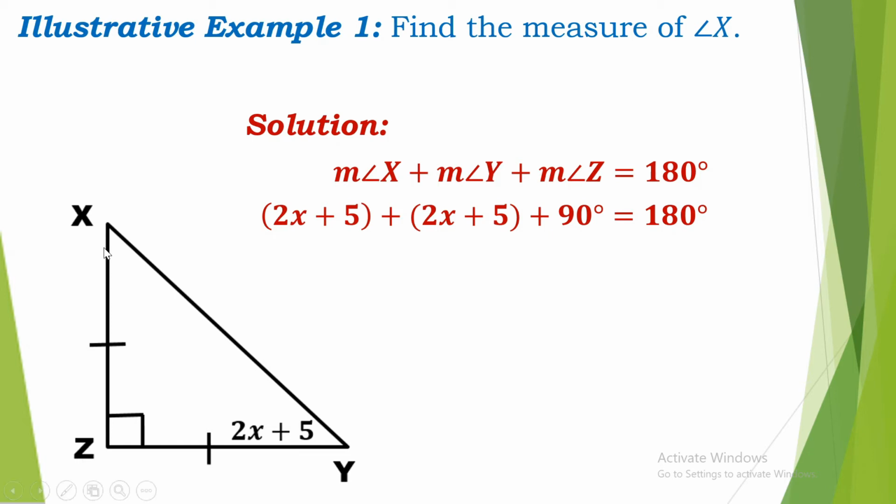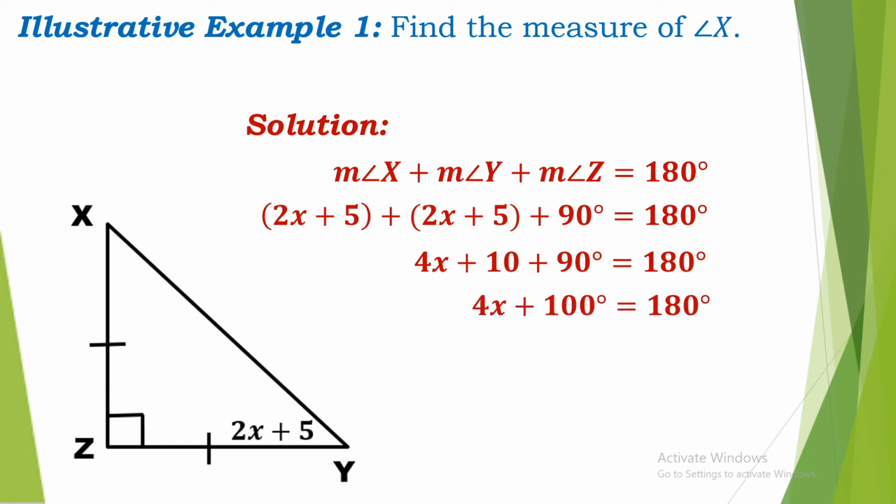Combining like terms, we have 2x plus 2x, that's 4x, plus 5 plus 5, that is 10, plus 90 degrees is equal to 180 degrees. 10 plus 90, that gives us 100 degrees. Now, solving for the value of x, we have to isolate the term with the variable x on one side of the equation.